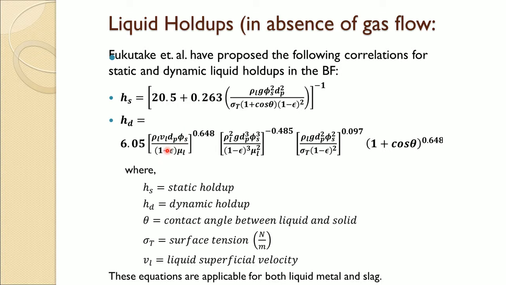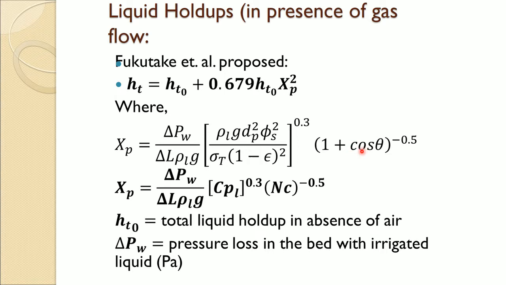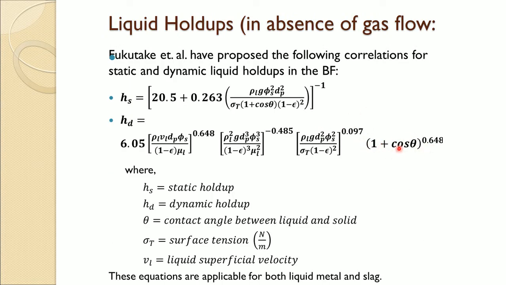Now, the parameters which you are observing in the dynamic hold up, these four are actually nothing but dimensionless numbers. The first one is the Reynolds number, the second one is the Galileo number, the third one is the capillary number, and the fourth one we call the dimensionless inertial force number.